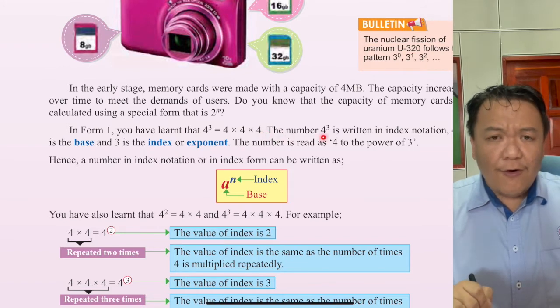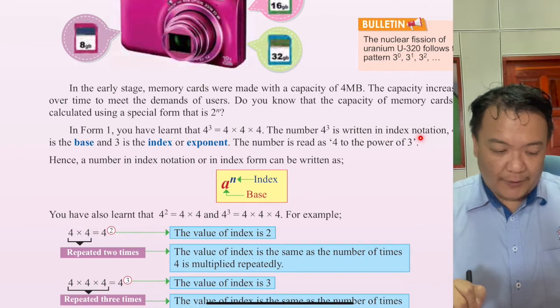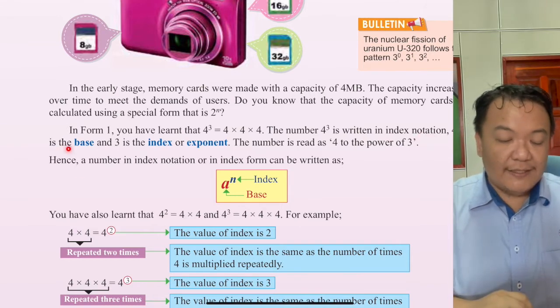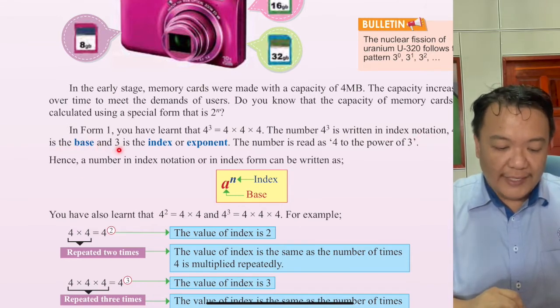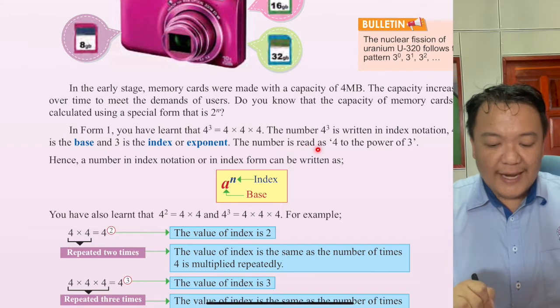The number 4 power of 3 is written in index notation. 4 is the base, and 3 is the index or exponent. The number is read as 4 to the power of 3. Itu cara kita nak sebut dia.